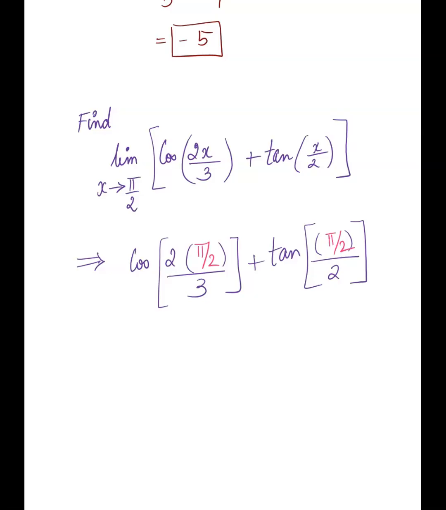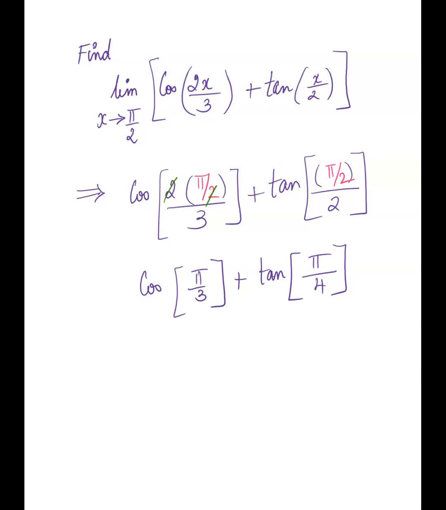All right, let's solve this one. So the 2's cancel off here. That gives us cosine pi over 3 plus tan of pi over 2 over 2, which means it's pi over 4. And now you can use your unit circle and come up with the answer. So cosine pi over 3 will be a half, plus tan pi over 4, tan 45 degrees, is sine pi over 4 over cosine pi over 4.